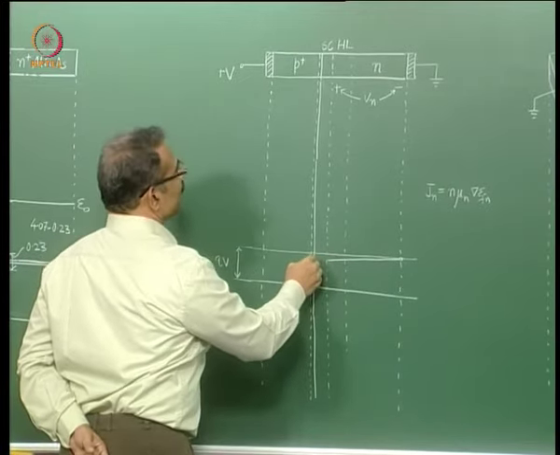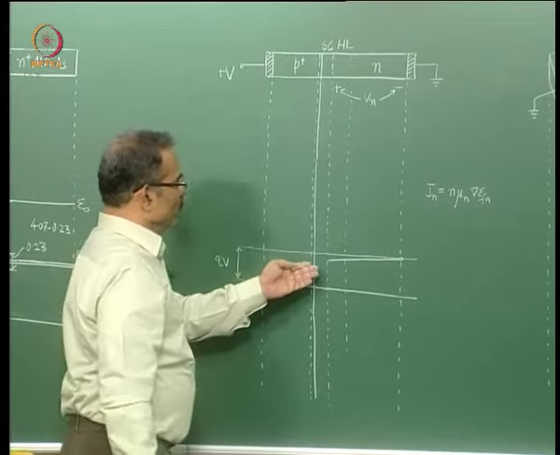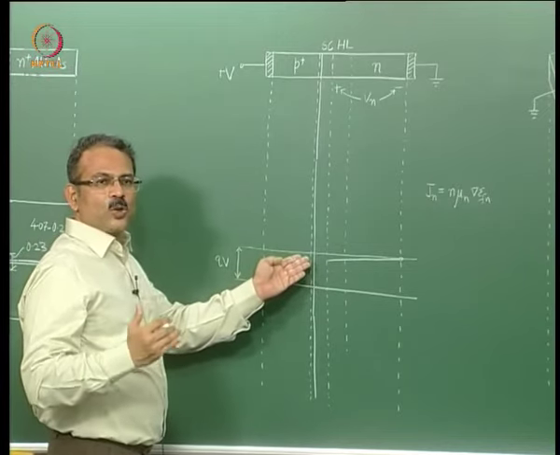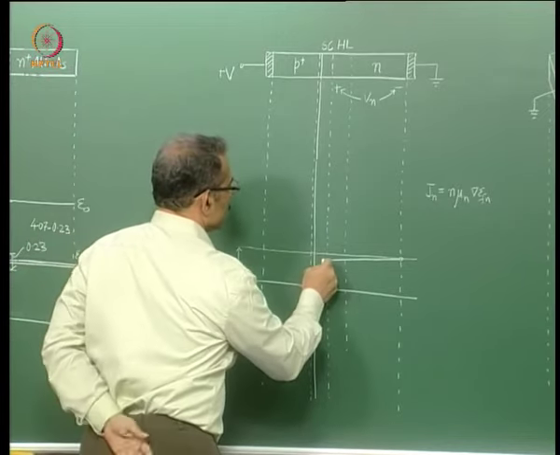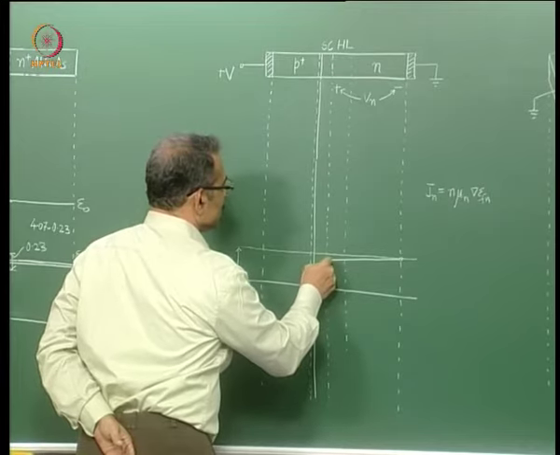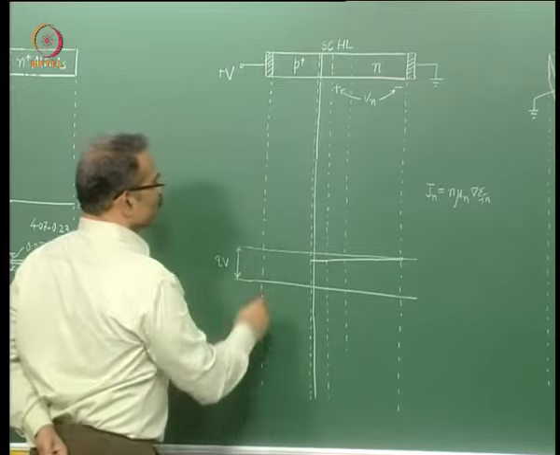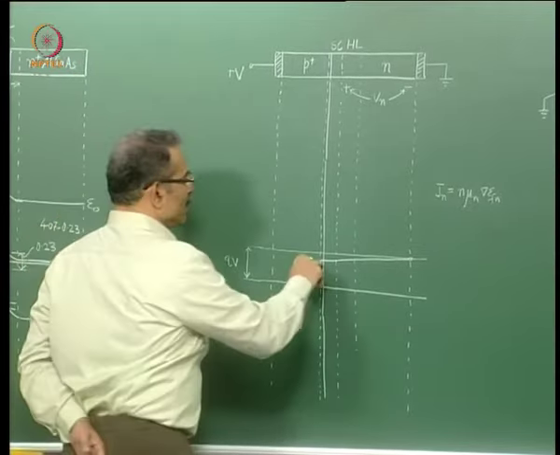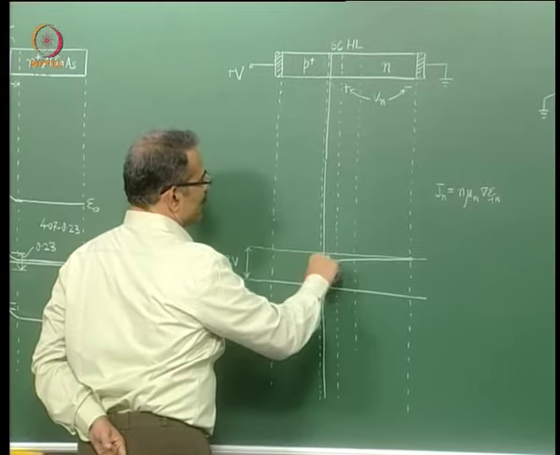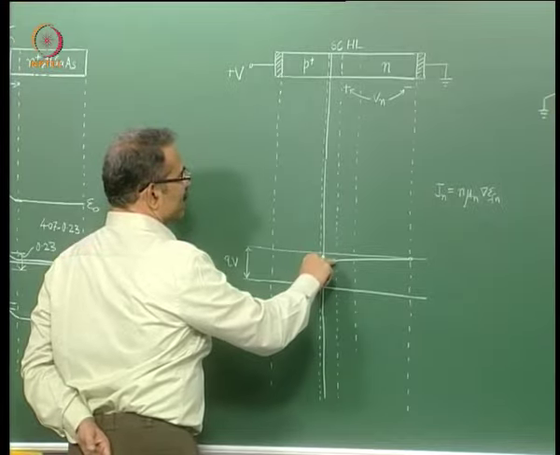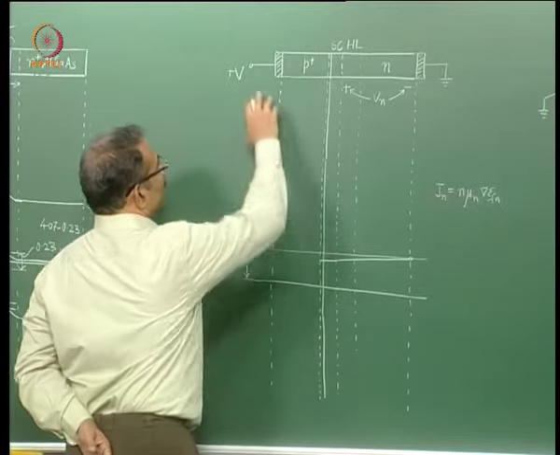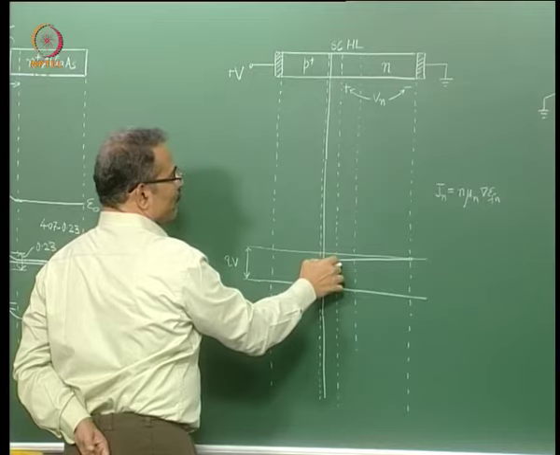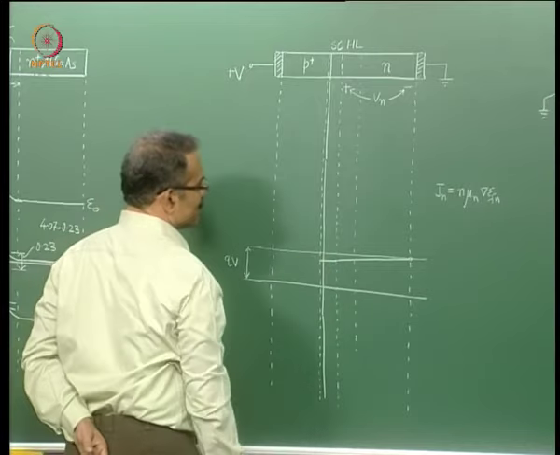Now in the space charge region we can assume close to quasi equilibrium condition. So we can extend this through with a small slope. In fact, if quasi equilibrium is perfectly valid, this Fermi level should be flat, but at high injection level, or rather high forward bias, the quasi equilibrium condition may not be exactly satisfied.